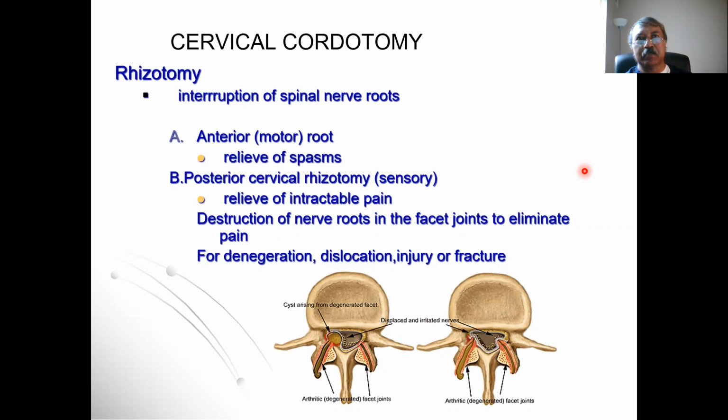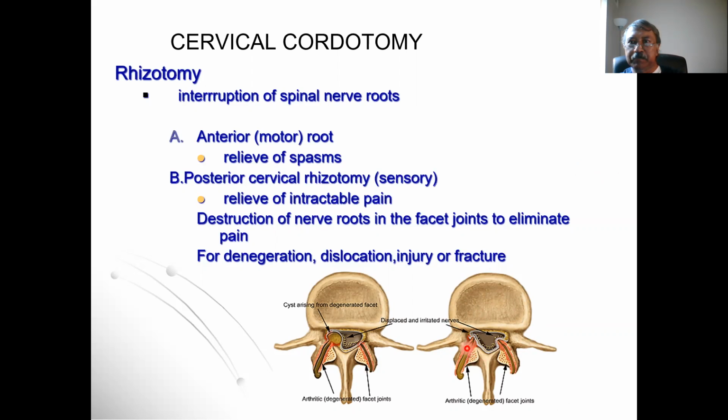This reflex action is done by this anterior root and posterior root with the complexity of the cervical vertebra, the spinal cord structure. Now, sometimes this area, as you can see, compression of these vertebra bodies causes pressure.